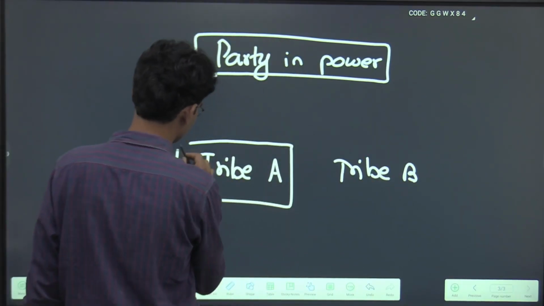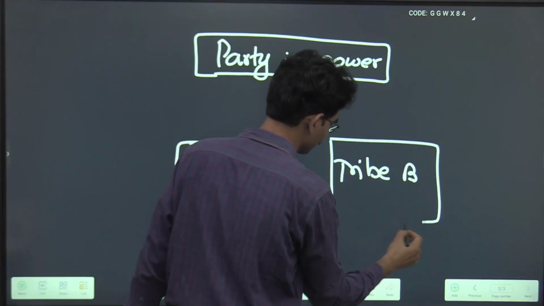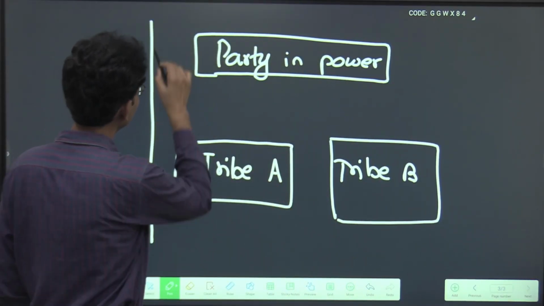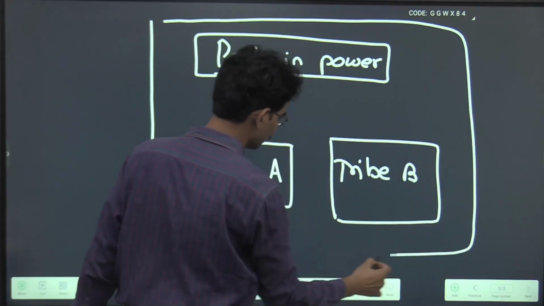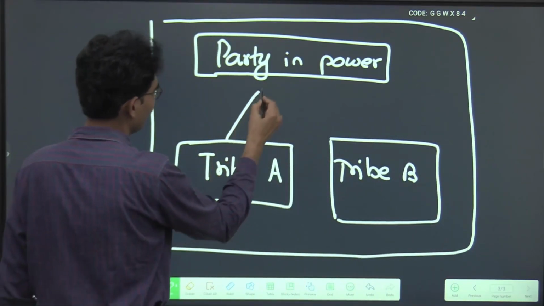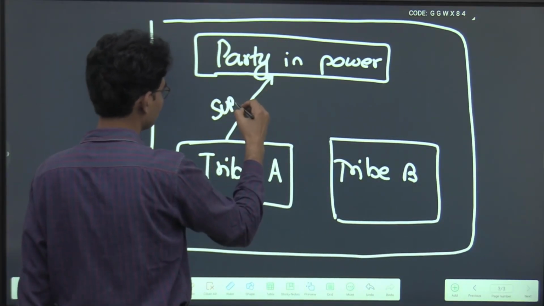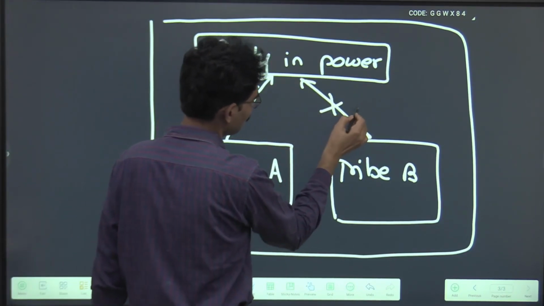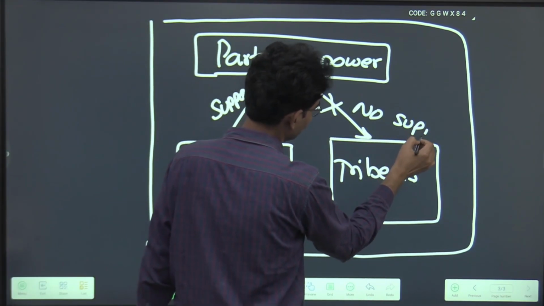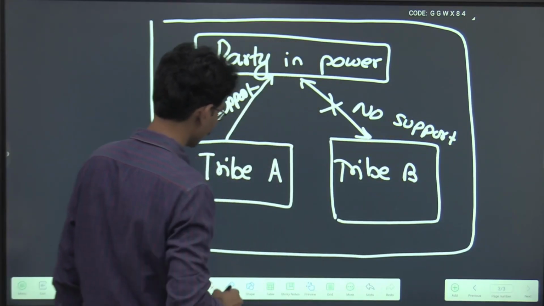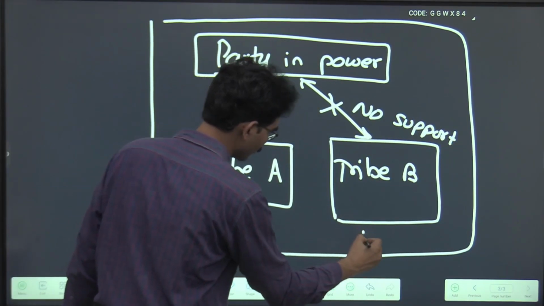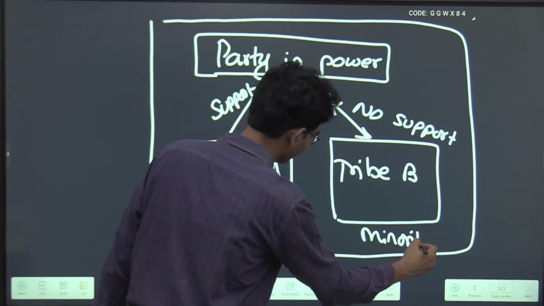Let us say two tribes are there in a state. Tribe A supports the party, tribe B gives no support, and tribe B is like a minority.